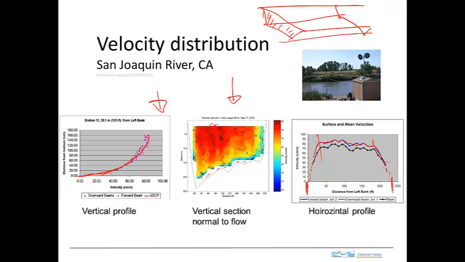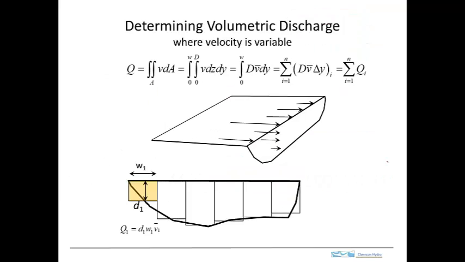So what we need to do is take this kind of velocity distribution into consideration when we measure the total volumetric flow. So here's the mathematical version of how we determine the volumetric flow. If we want to get technical about it, the volumetric flow is the velocity that's perpendicular to a cross-section integrated over that cross-sectional area, as we've shown here.